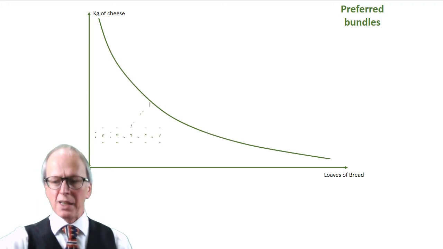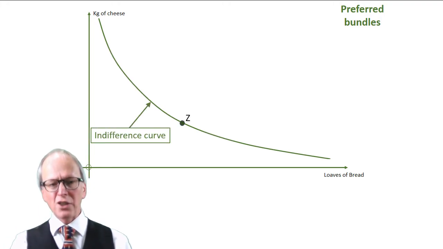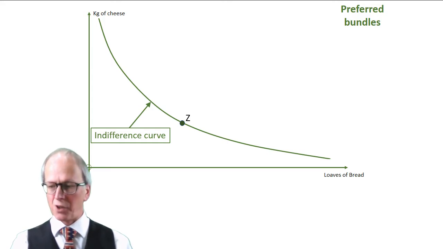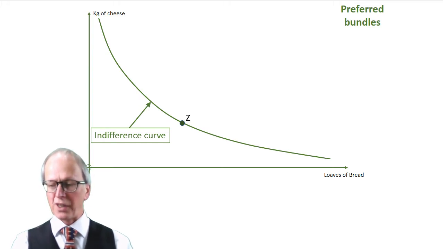In the same way, someone comparing consumption bundle Z with an alternative may eventually be unable to say that one is preferable to the other. Where we have a pair of bundles like this, we say that the person is indifferent between them. In the diagram, I have shown all of the consumption bundles that this person making the choice considers to be just as good as Z. It lies on the boundary of the preferred set, and I've called this boundary of the preferred set an indifference curve.